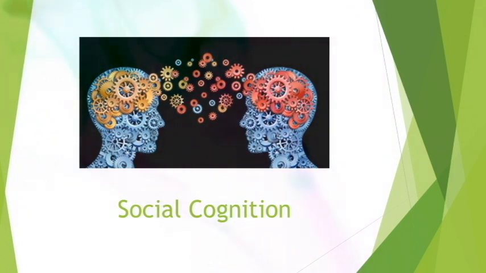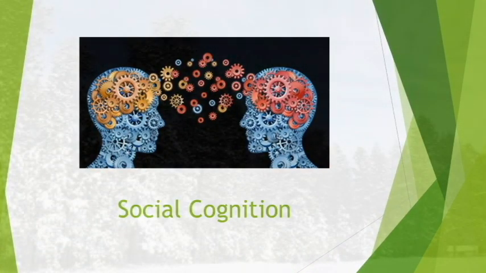At the core of social cognition is the idea that we are constantly interpreting social information, whether we're aware of it or not. Our perceptions of people and events are filtered through our own experiences and beliefs and biases, which can influence how we react to and interact with others.